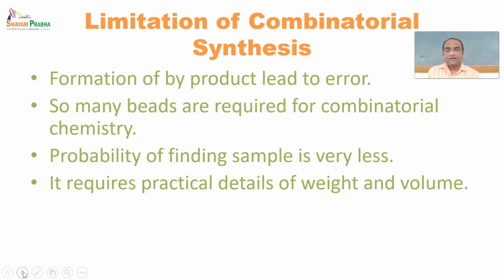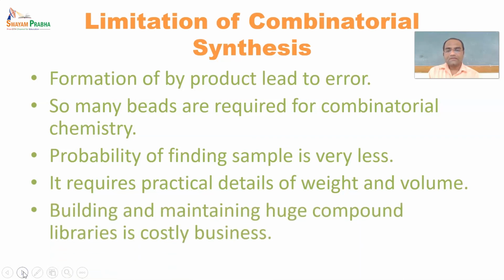It requires practical details of weight and volume, which is one of the major limitations of combinatorial synthesis, because when we do a conventional practical, we know the details of weight and volume, but here it is a disadvantage. Building and maintaining huge compound libraries is a costly business for an industry. So these were some limitations of combinatorial synthesis.